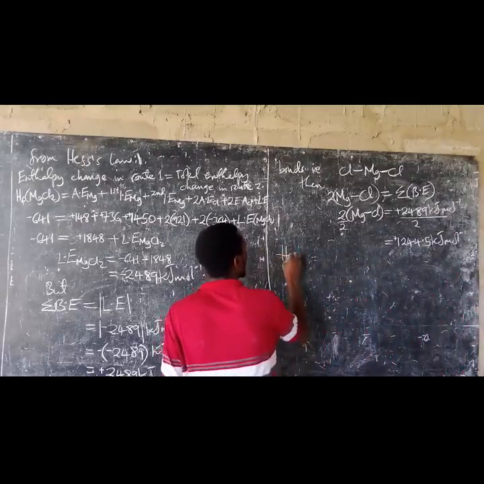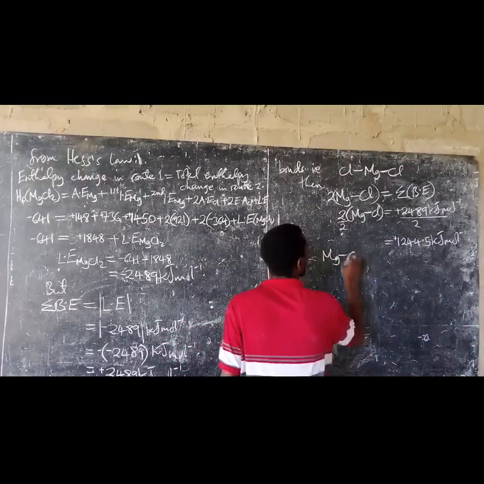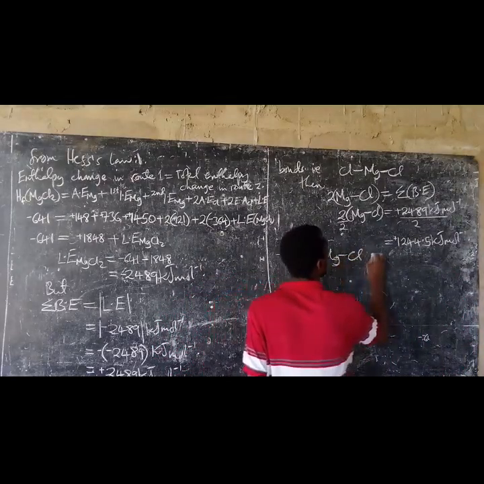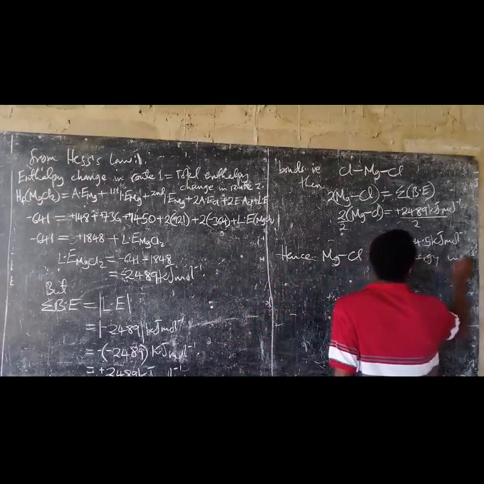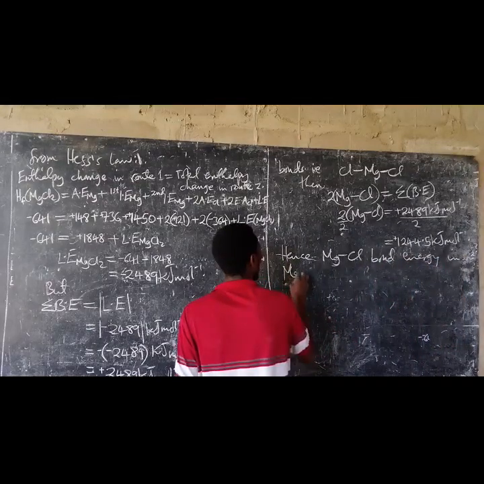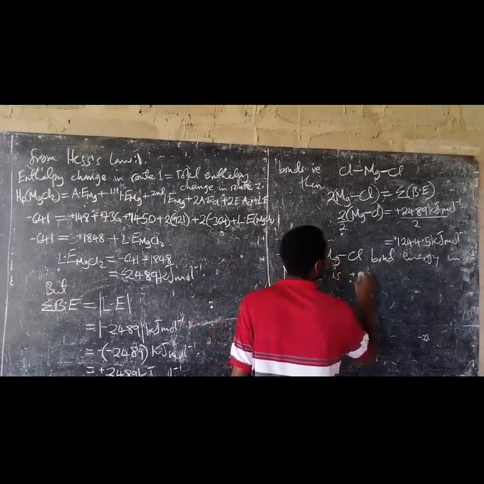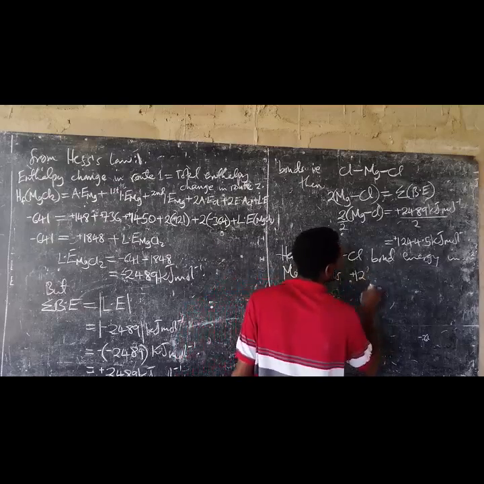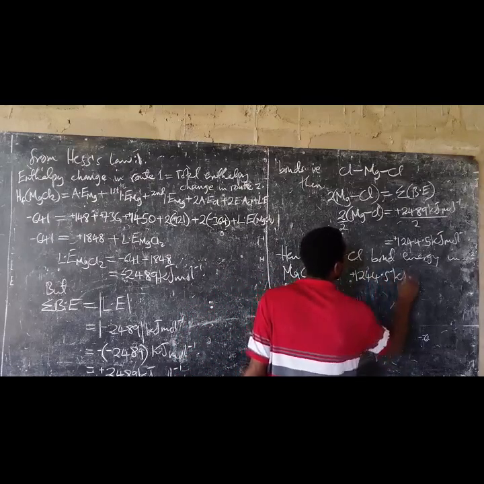Hence, the magnesium to chlorine bond energy in magnesium chloride is positive 1,244.5 kilojoules per mole.